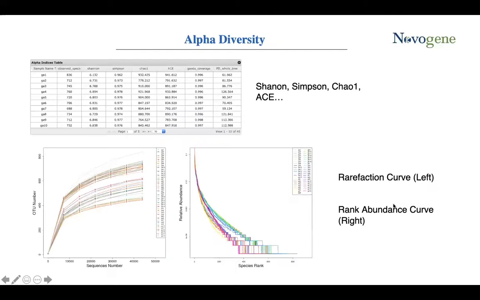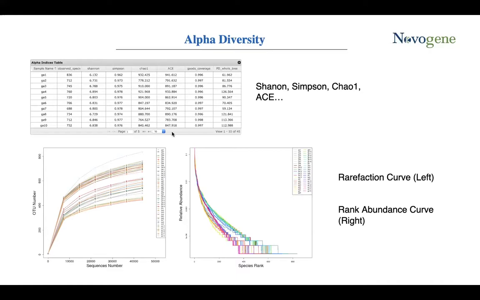And alpha diversity is applied to the analysis of microbial community diversity within the sample. By analyzing the diversity of a single sample, we can reflect the richness and the diversity of the microbial communities in each sample, including the biodiversity curves and a series of statistical analyses.